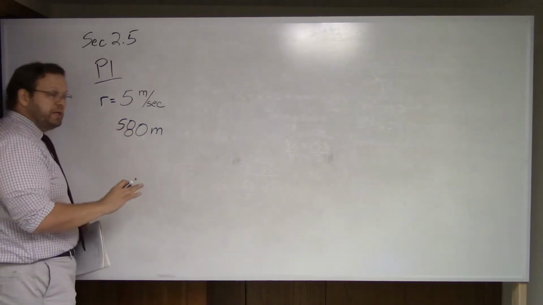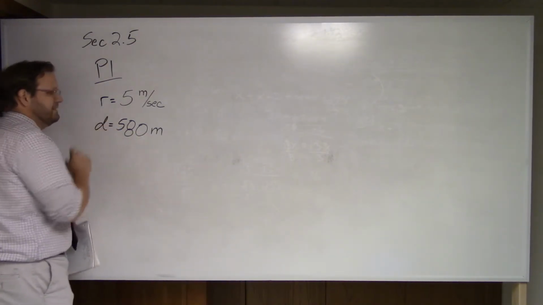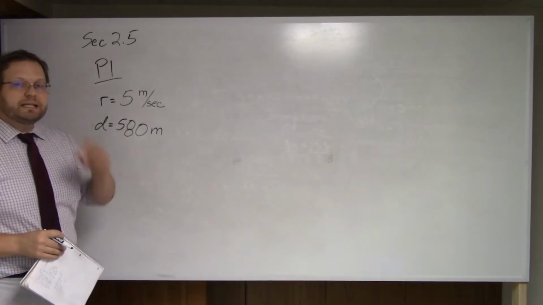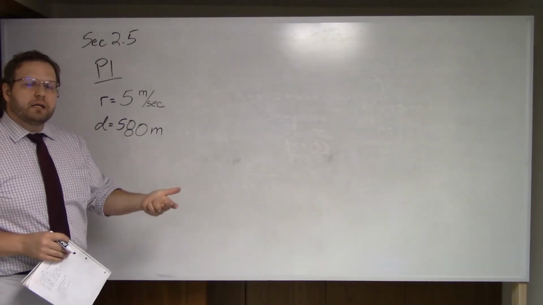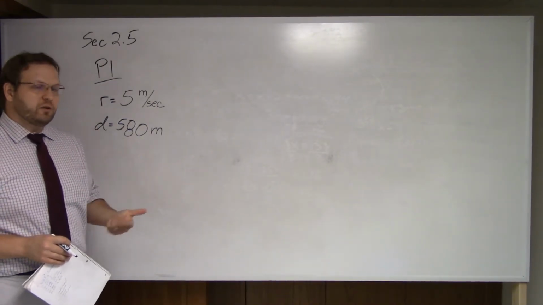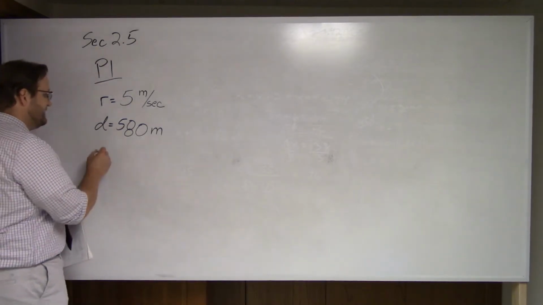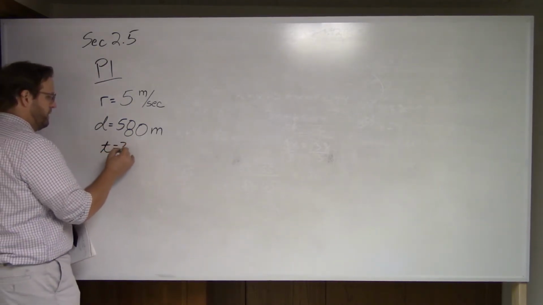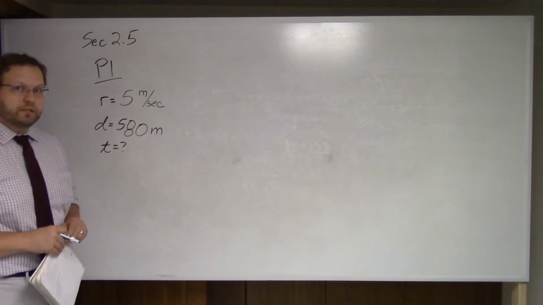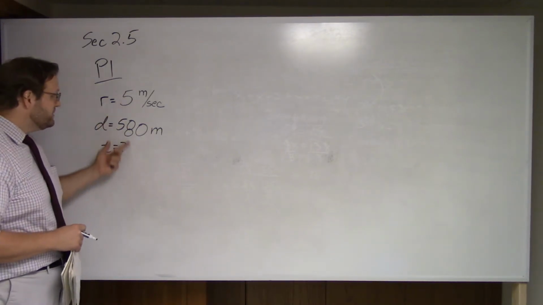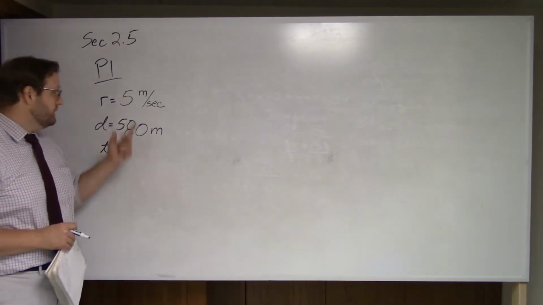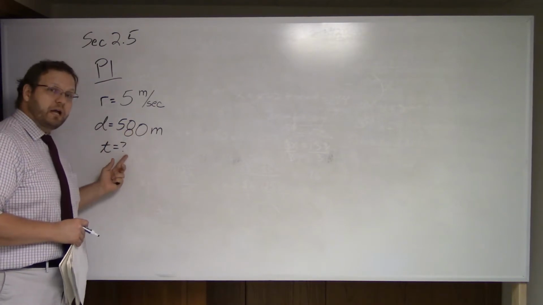This, just pure meters, that is a distance that we need to cover. Now when they say how long does it take, the long that they're mentioning here and trying to find is a time. I don't know how long that's going to take. These are the 3 pieces of information that are either given to us or asked of us.